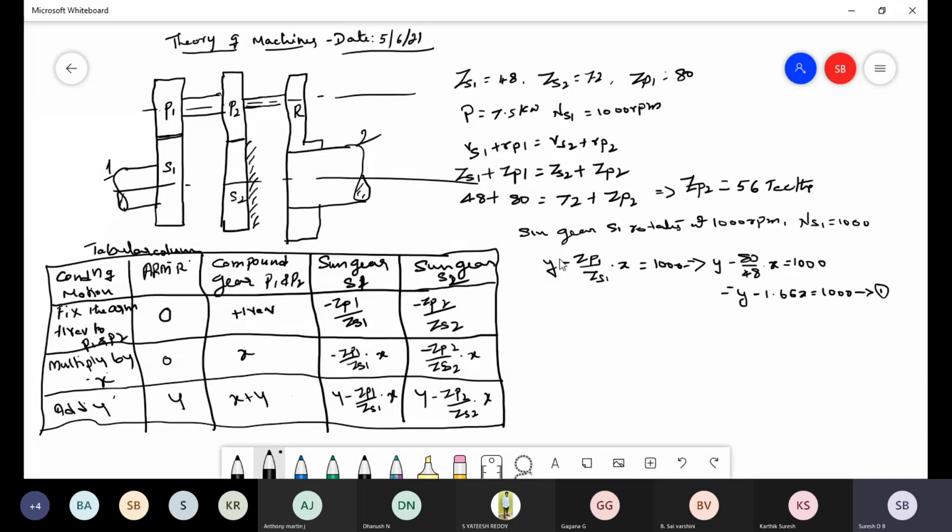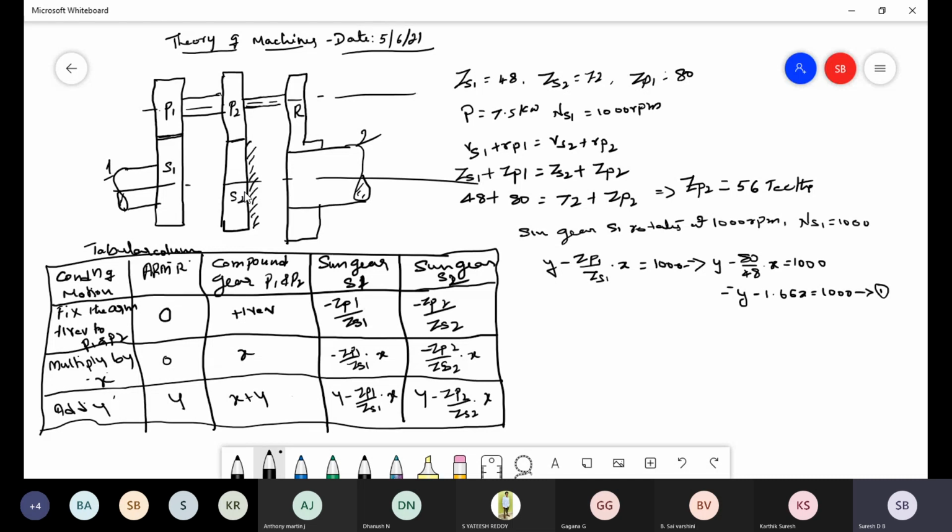Once we have equation number 1, see here the sun gear S2 is fixed, meaning there is no rotation of the S2 sun gear, because this symbol indicates the fixed condition only. Only S1, P1, P2 and R are rotated.